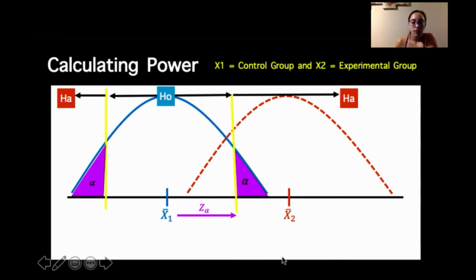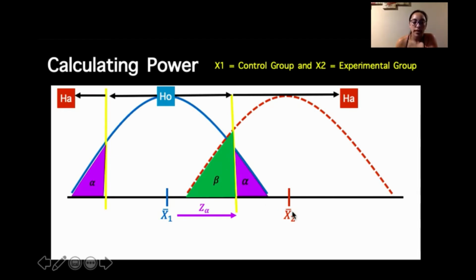Okay. So what happens is you see that there is some degree of overlap between our distributions, right? On one side of this overlap, we have beta, okay? And you can see beta and alpha are kind of exact opposites of each other.